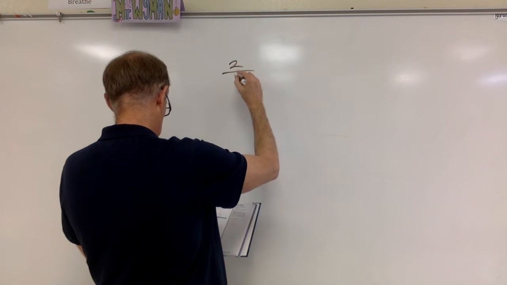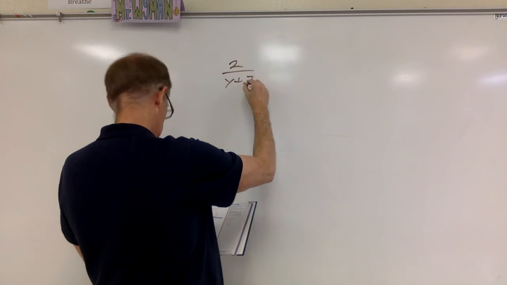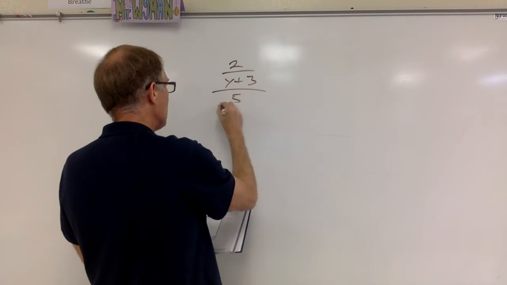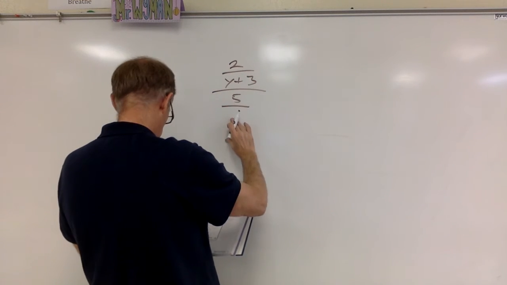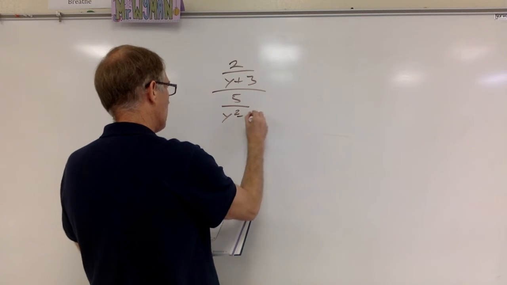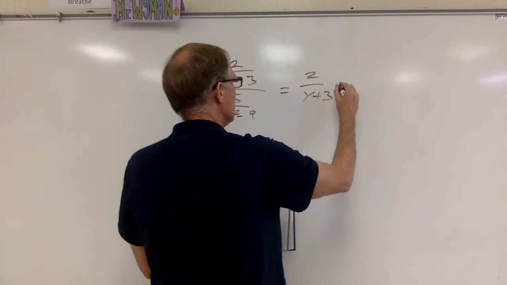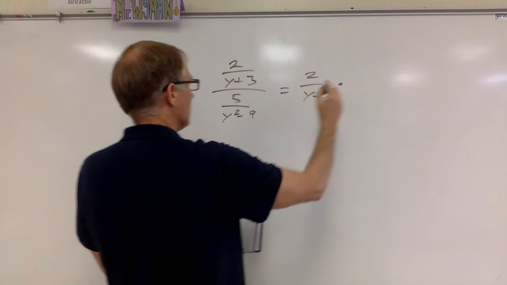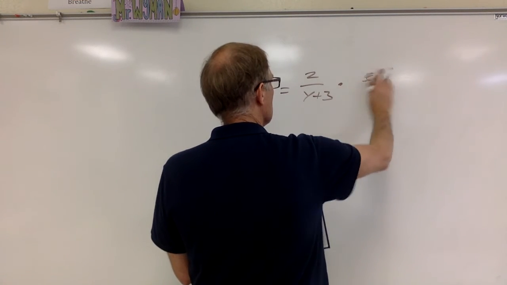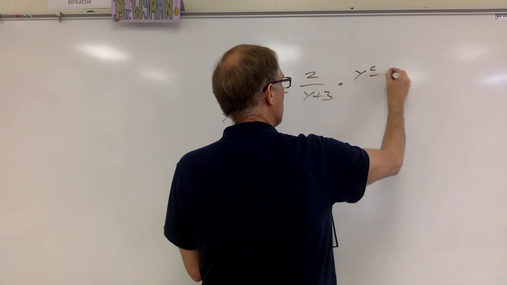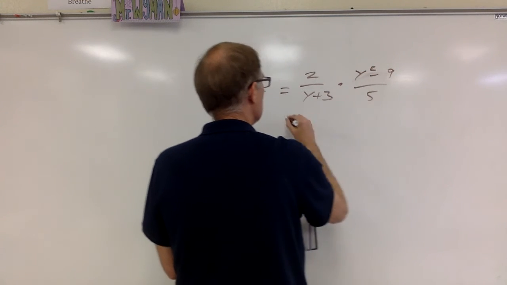2 all over y plus 3 divided by 5 over y squared minus 9. So that's going to be 2 over y plus 3 times, flip over this, y squared minus 9 all over 5.